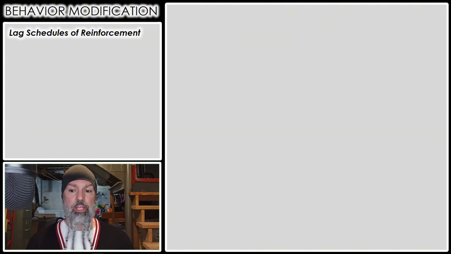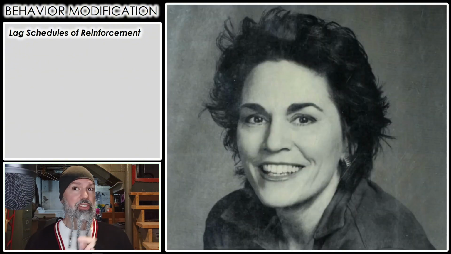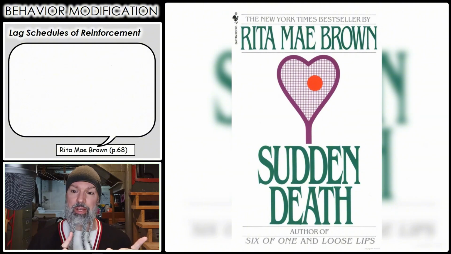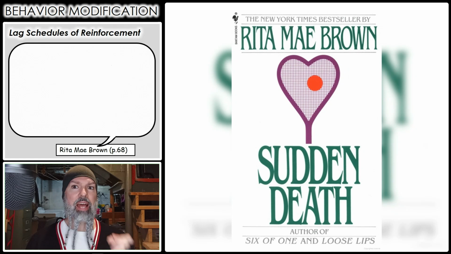So the working definition that we're going to go with today actually comes from a fiction author, Rita Mae Brown, and her book, Sudden Death. And the quote, which you probably are familiar with, but is oftentimes misattributed to other people, has to do with response variability and its importance in some of our behaviors.